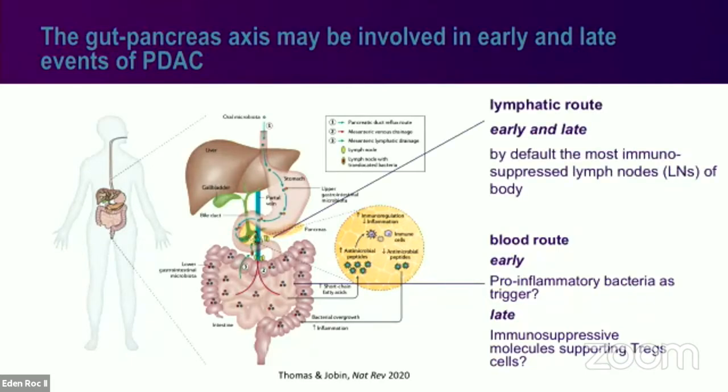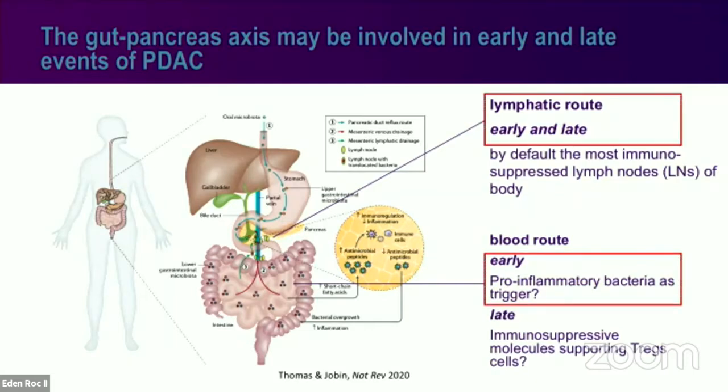By contrast, the lymphatic route could also act early and late, and this is really one of our other major entry points, because incidentally the head of the pancreas shares its lymph nodes with the duodenum, and they happen to be the most immunosuppressed probably in the entire body. And so these two things are what I'm going to talk about.